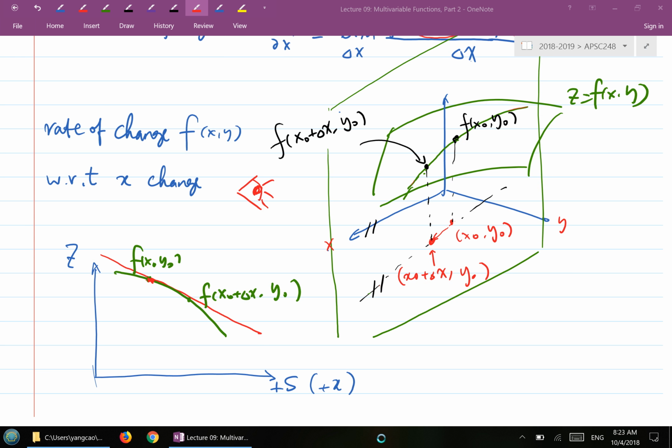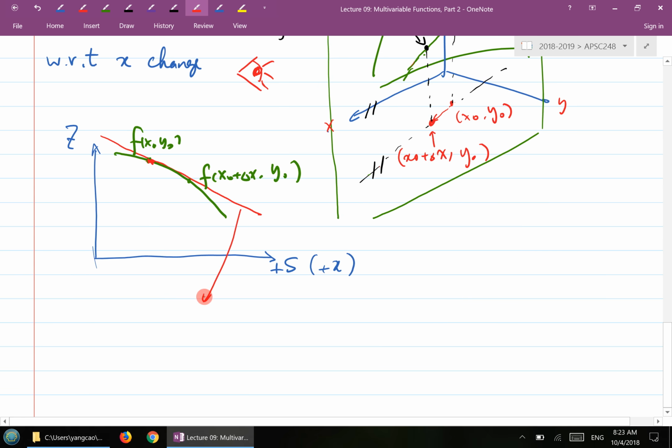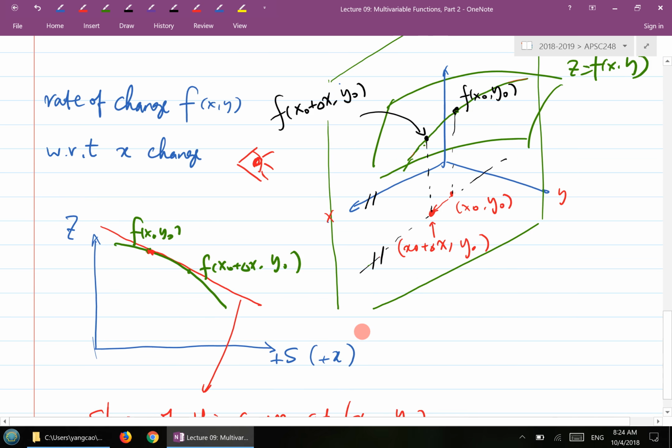That's the idea of partial derivative, basically. So the slope of this curve at the x naught, y naught location.